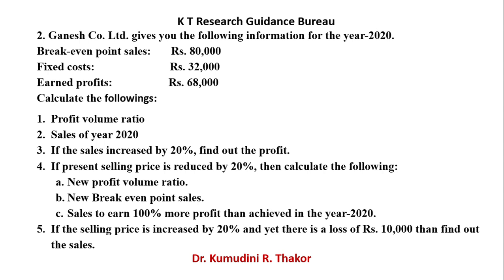You feel that the example is very lengthy, but when the example is lengthy, that time it is easy to find out. So what is given? Break-even point sales is given in rupees, fixed cost is given, and earned profit is given.